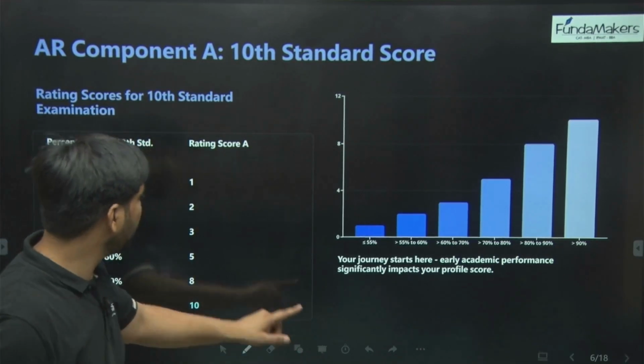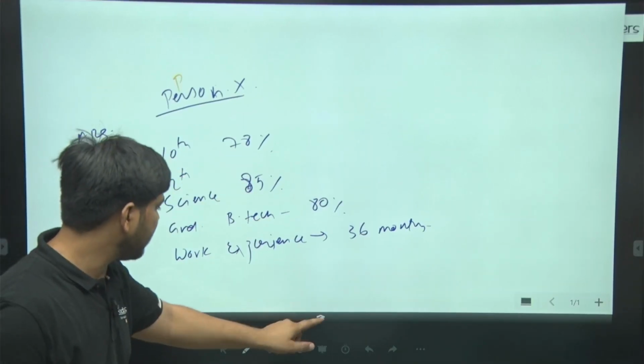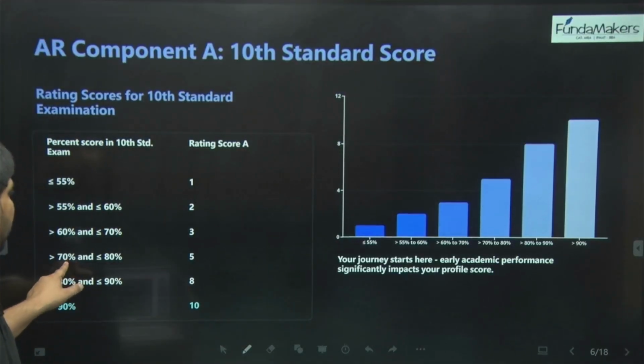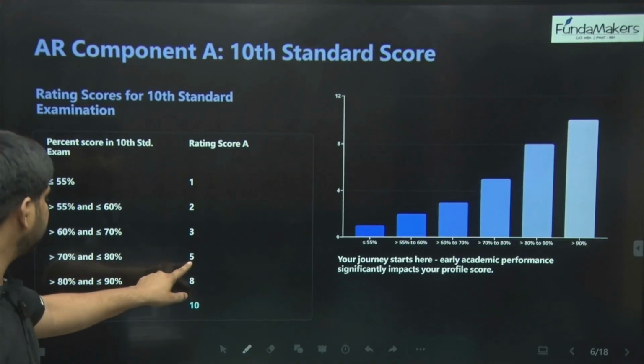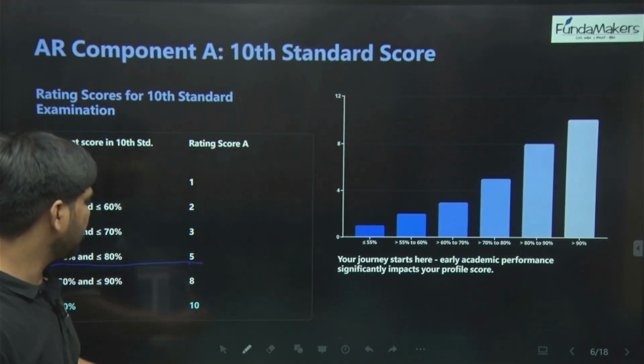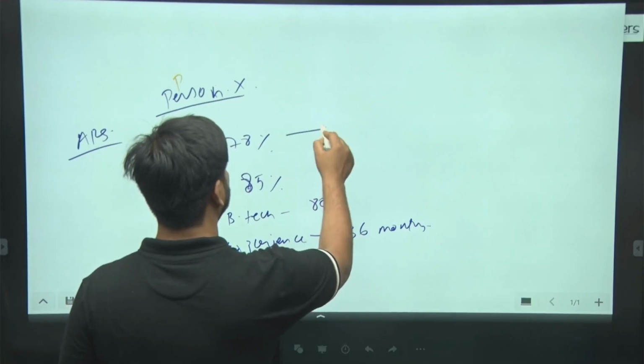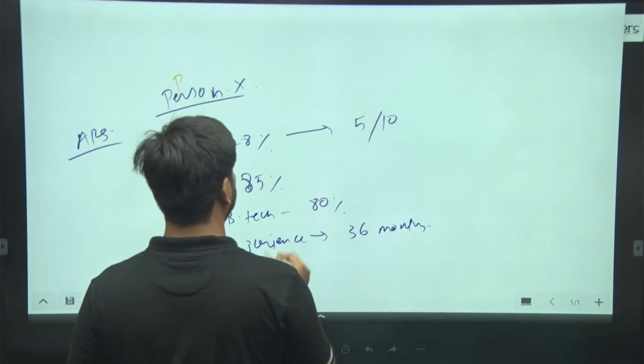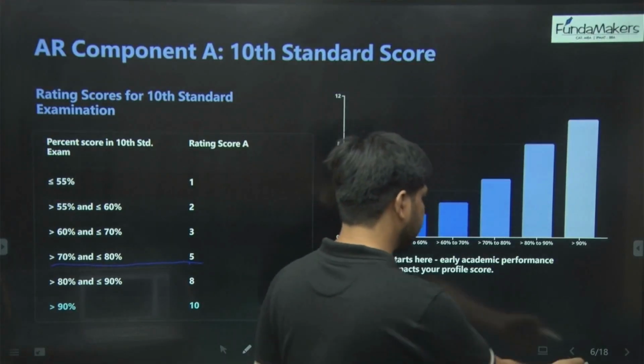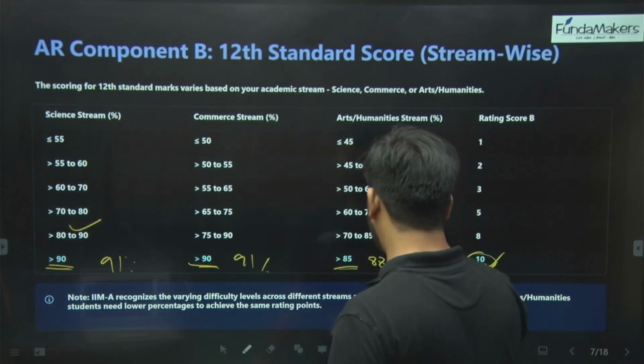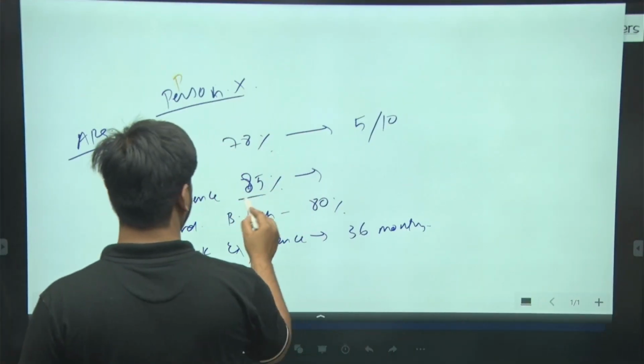So suppose his 10th percentage is 78. 78 falls between 70 and 80, which is 5 points. So he will get 5 points here, 5 on 10 points. Here in class 12th, this guy has somewhere around 85% marks.